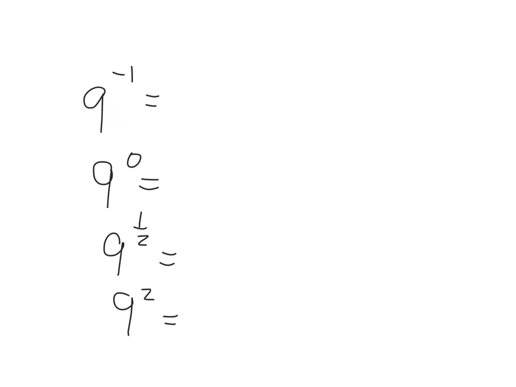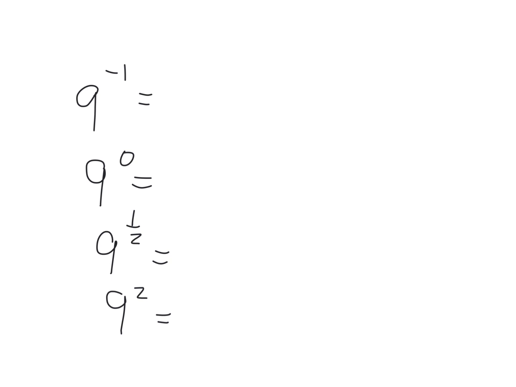Then there's 9 to the 0. Then there's 9 to the 1/2. 9 to the 1 I'm skipping because it's just too easy, but we're going to go to 9 to the 2nd. And that's the mid-level exponents. These are not the tricky ones. The tricky ones are the fraction exponents.